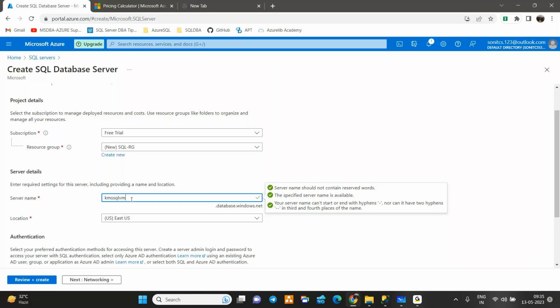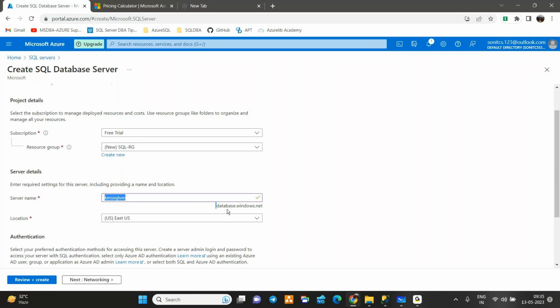For all your logical servers, this is your server name and this is your fully qualified domain name: database.windows.net. So while connecting to this logical server, you need to pass the logical server name dot database dot windows dot net.